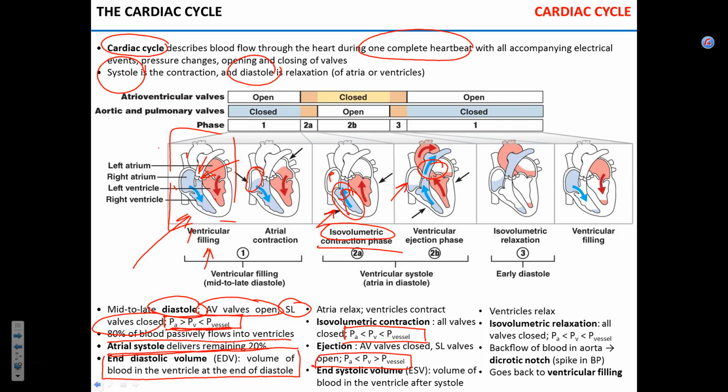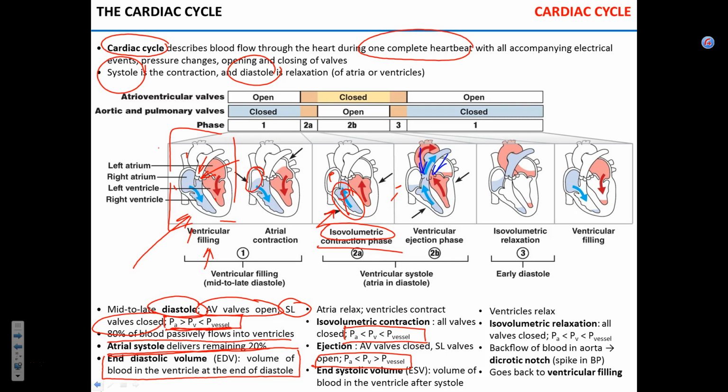In this situation, when ventricular pressure is the highest, which valves open? Semilunar. And blood is ejected into the vessels. Are we clear? Does that make sense? So this is ejection phase.